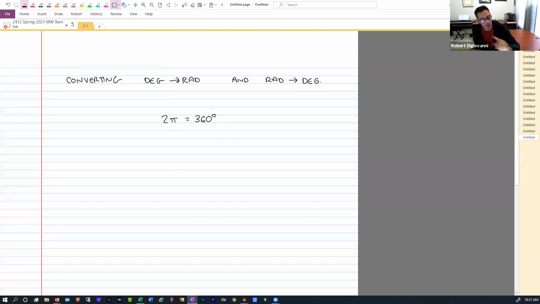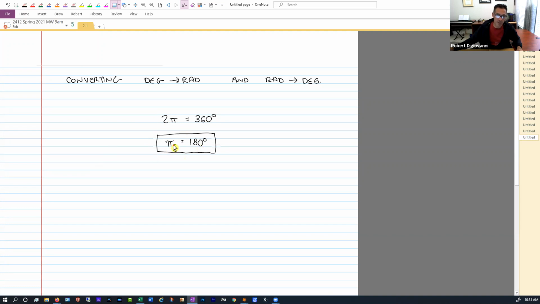So now if you divide both sides of this by 2, do you agree that we have this? That one you can write down. If 2 pi radians is 360 degrees, then pi radians is 180 degrees. Notice I'm not writing radians, right?